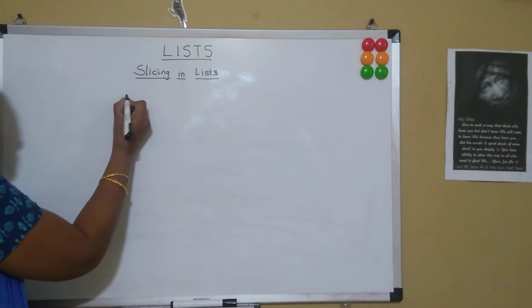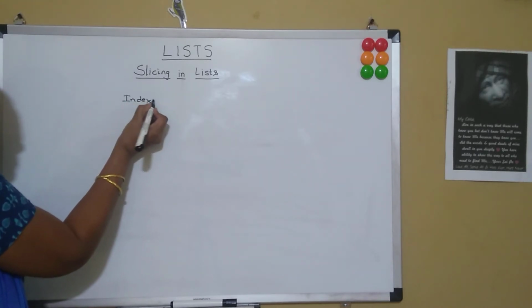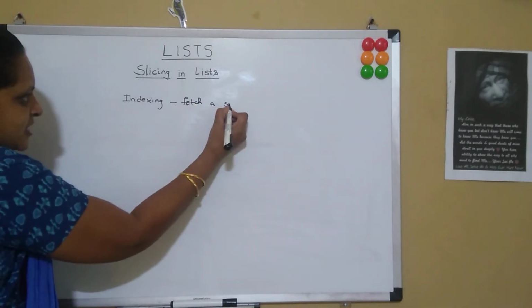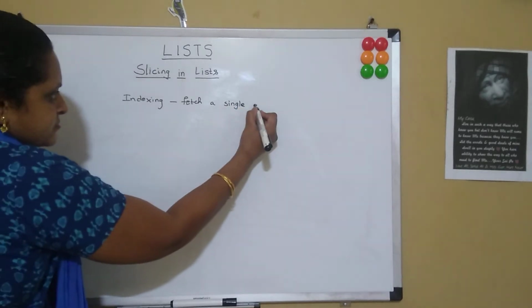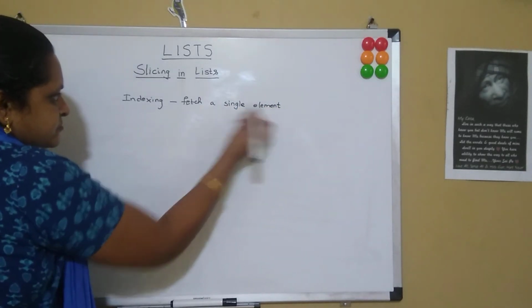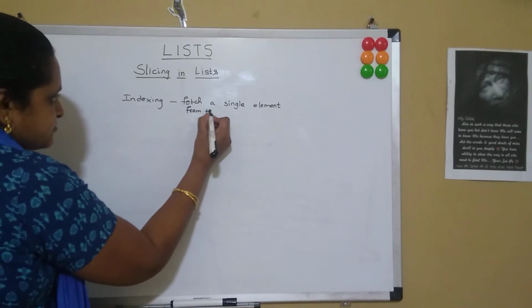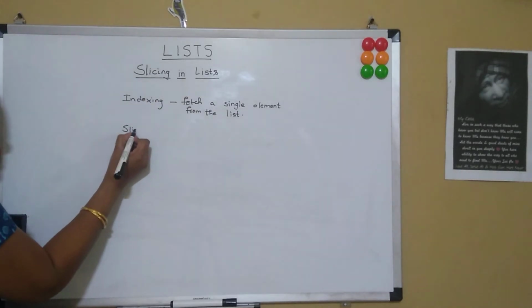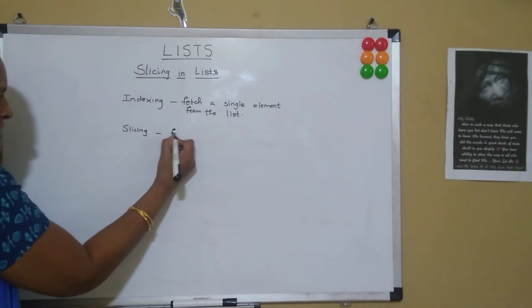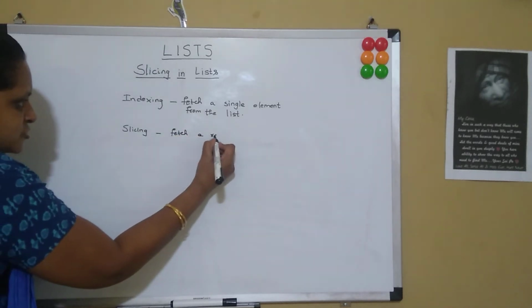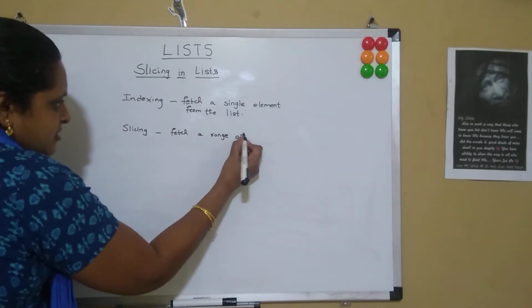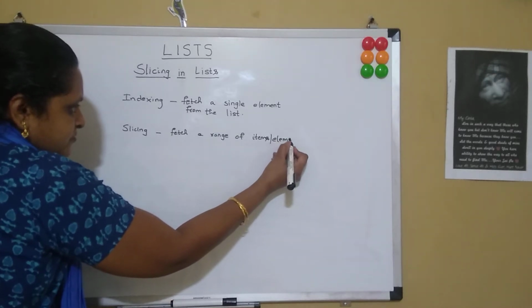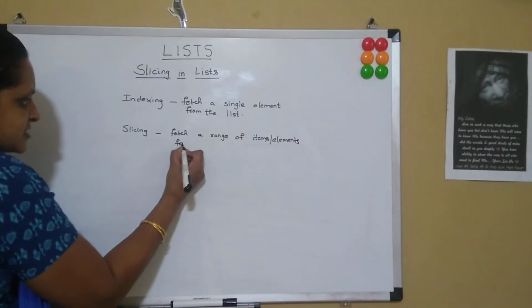So indexing means to fetch a single element from the list, whereas slicing means to fetch a range of items or elements from the list.